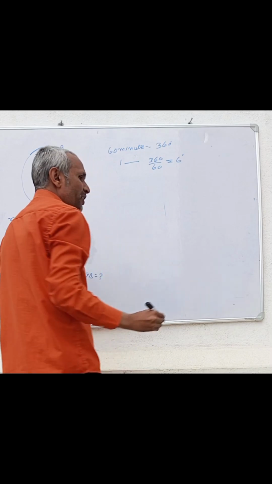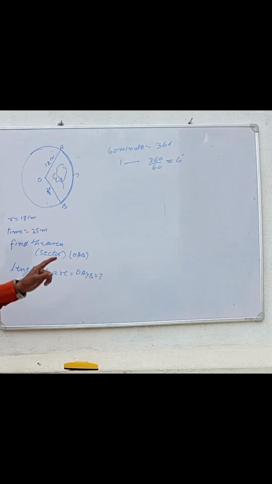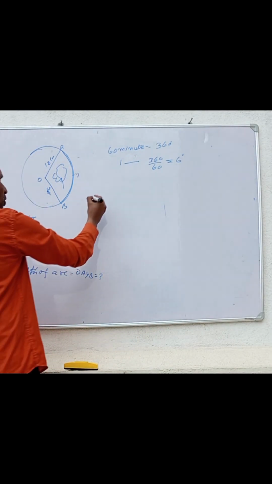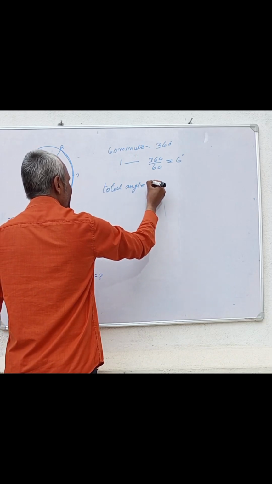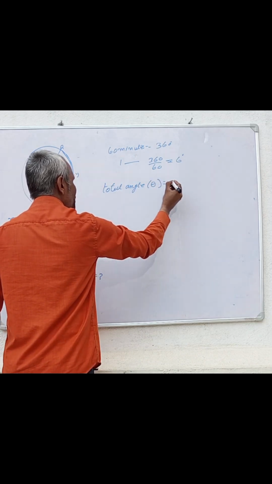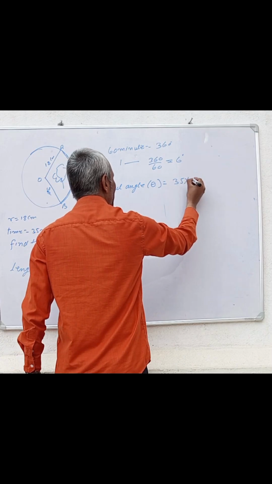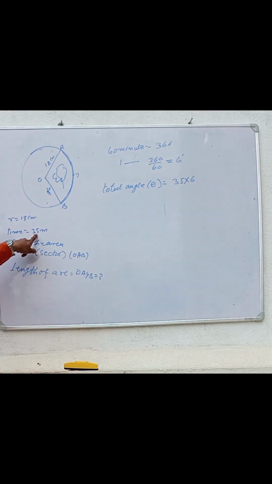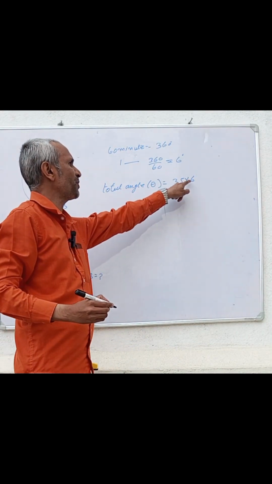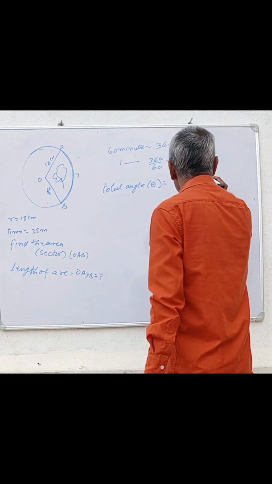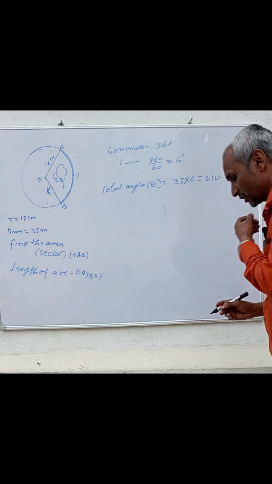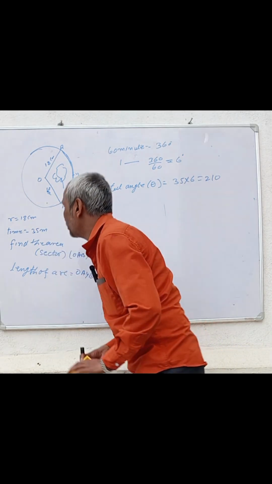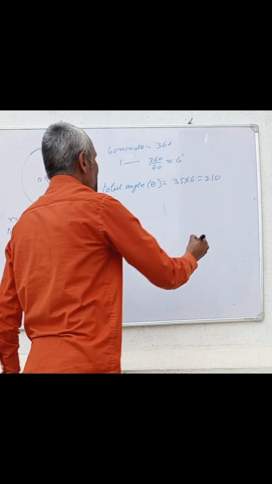So 35 minutes, how much angle will it make? The total angle is called theta. Theta is equal to 35 into 6, because 35 minutes is given. In 1 minute 6 degree, so 35 minutes makes 210 degree. This is theta.